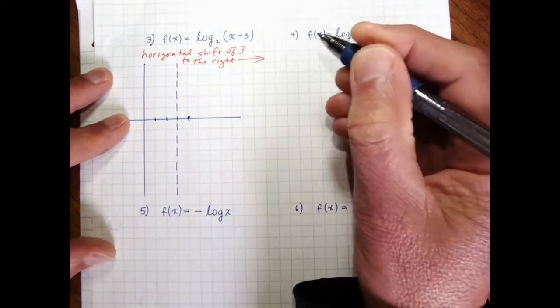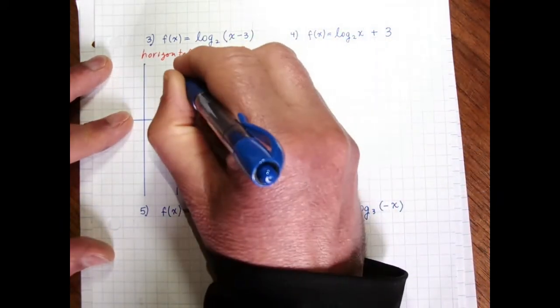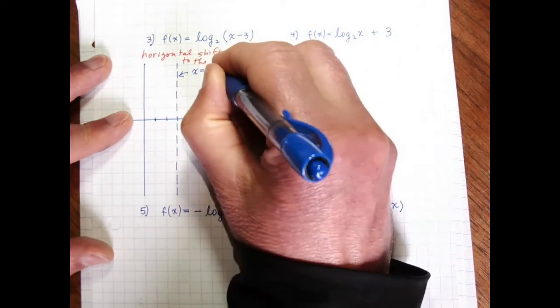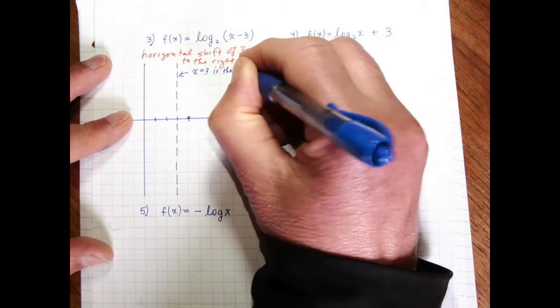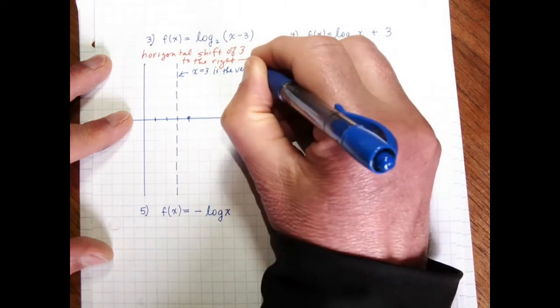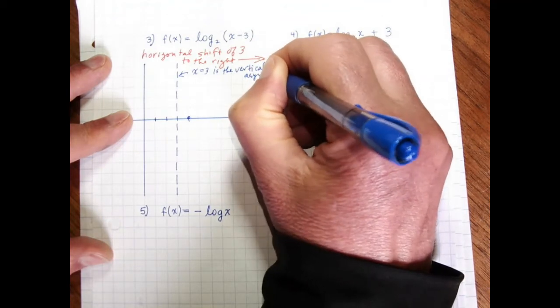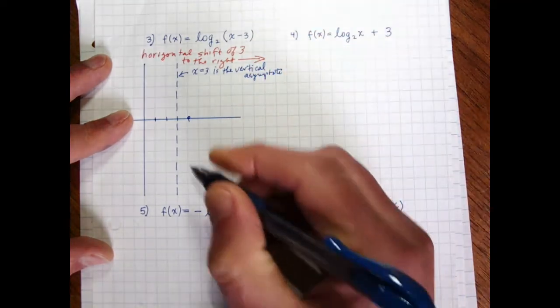Now that's a vertical line. That's the vertical line x equals 3. X equals 3 is the vertical asymptote. You have to get this labeled. So that's just a key to being able to draw the graph.